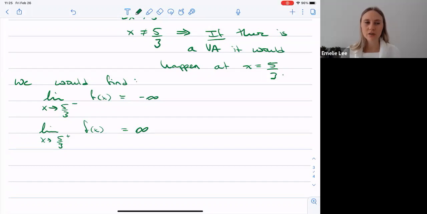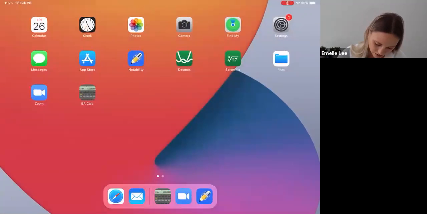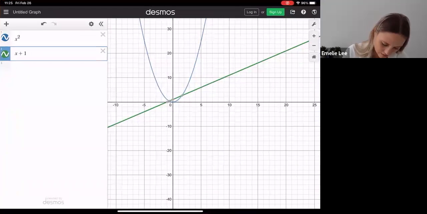Which you can check all this in Desmos, right? So all these limits you can check. I will say that sometimes it's hard to see stuff in Desmos. So let's just check it out. Don't you wish we were dealing with these types of functions? Cute.